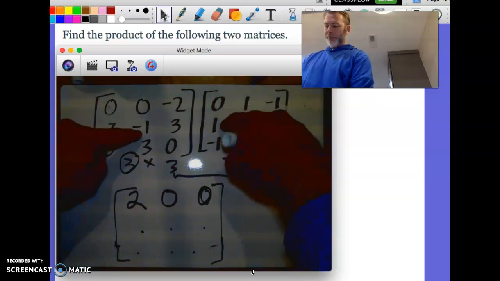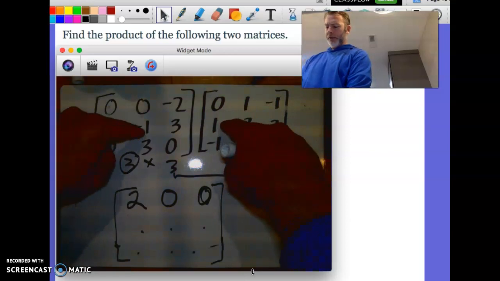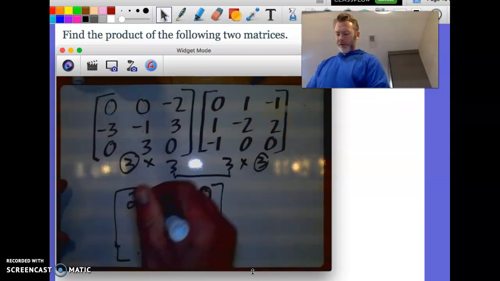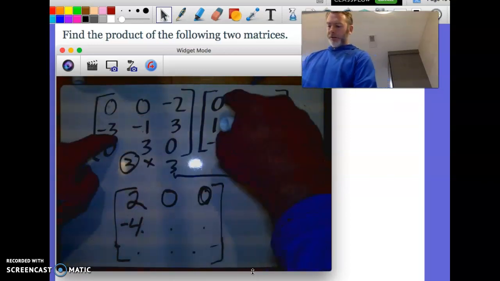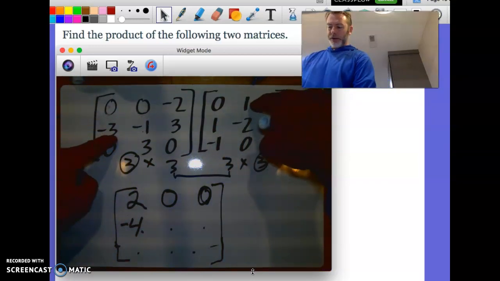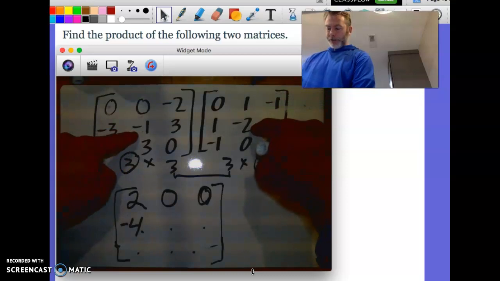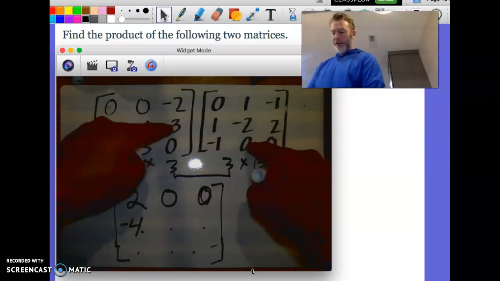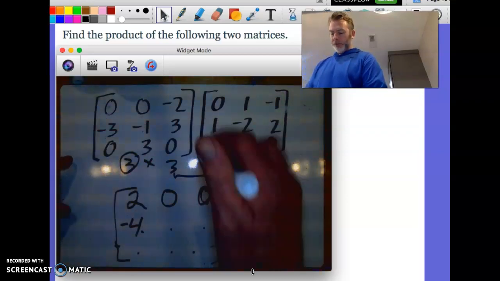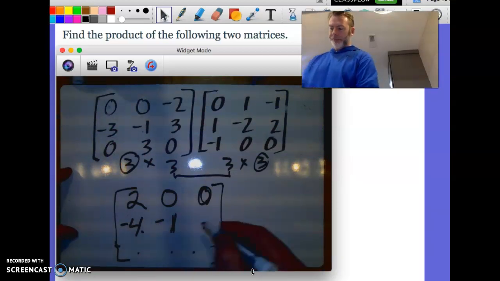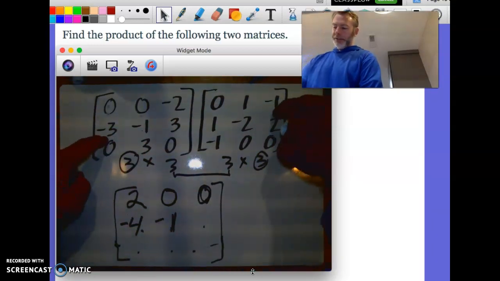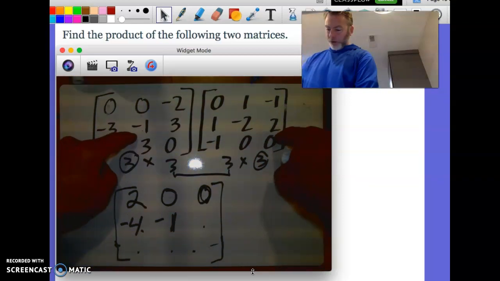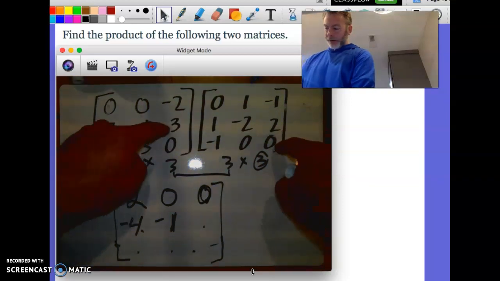0, negative 1, negative 3. Negative 1, negative 3, that's negative 4. Repeat. Move this one over to the right. Negative 3, positive 2, and 0. Sometimes you might want to write them down. Positive 3, negative 1, and 0.